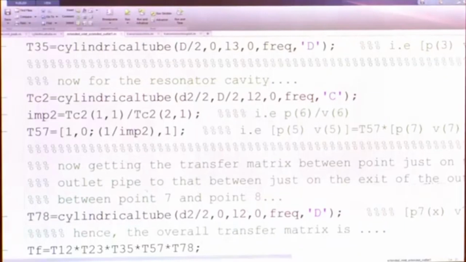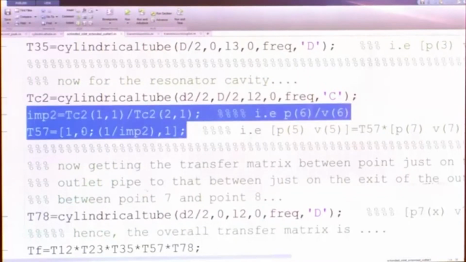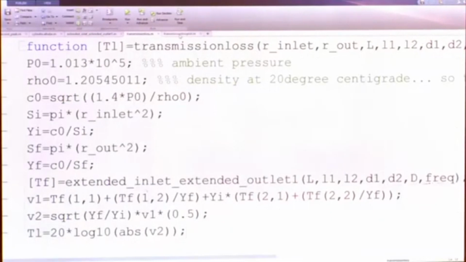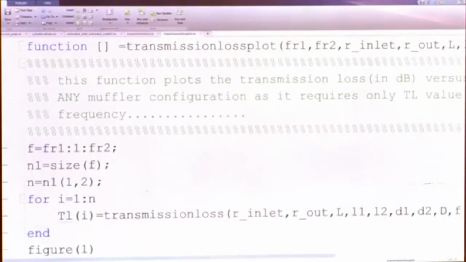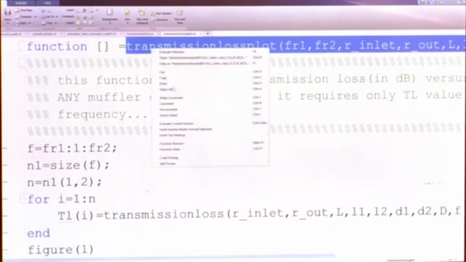We are doing nothing but sequentially multiplying points 1 to 2, 2 to 3, 3 to 5 and all those sorts of arrangements. Here of course, we evaluate the impedance at the extended outlet. Then this transfer matrix is passed on to this function, and I guess we are in a good position to report some parametric studies.